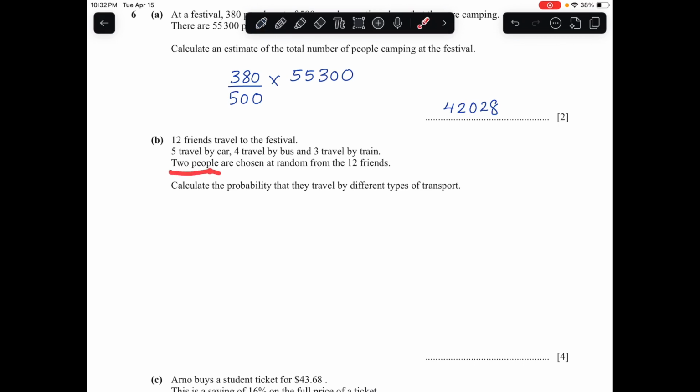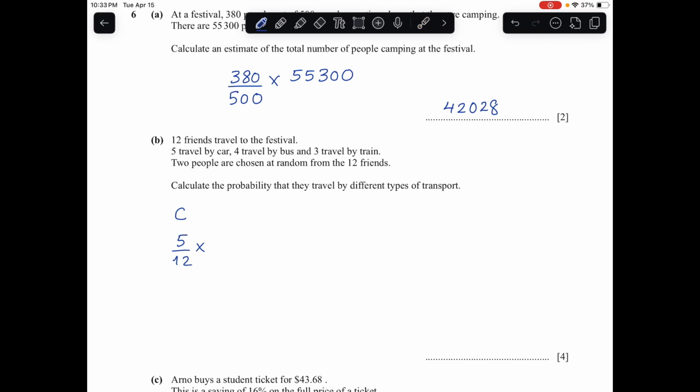So we have to choose 2 people, and they should travel by different types of transport, but they did not specify which transport. So let's say the first one goes by car. So we have 5 out of 12 going by car, because we can choose the first one out of the 5 people.